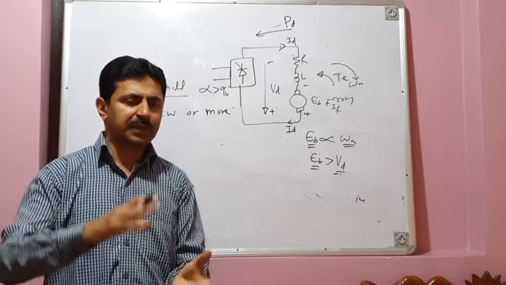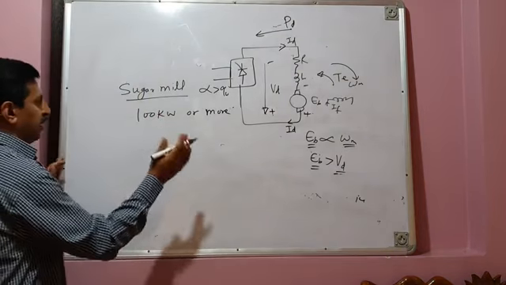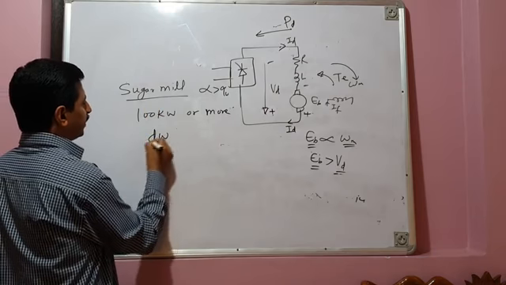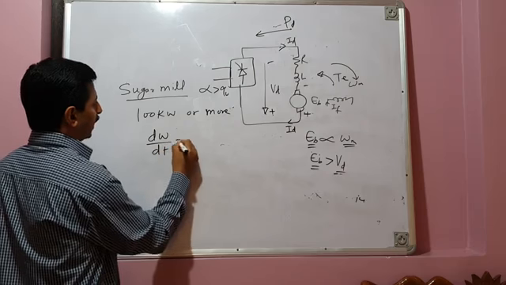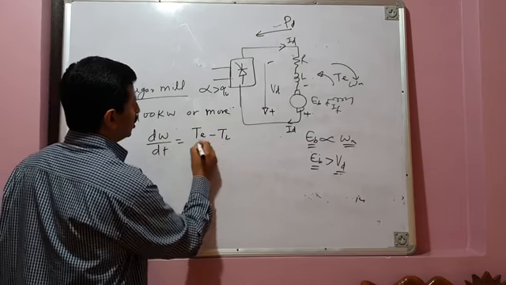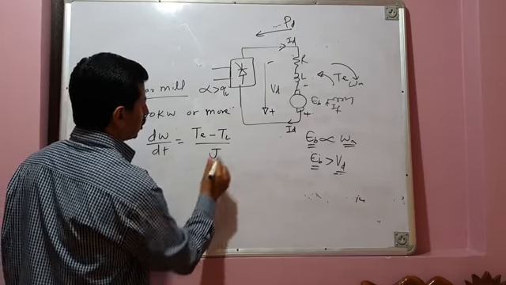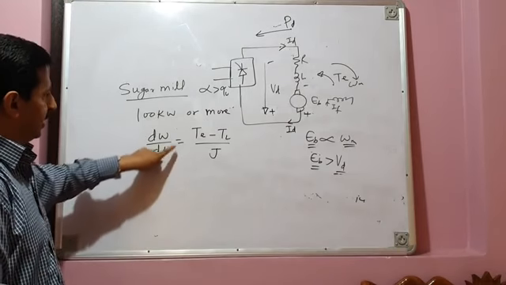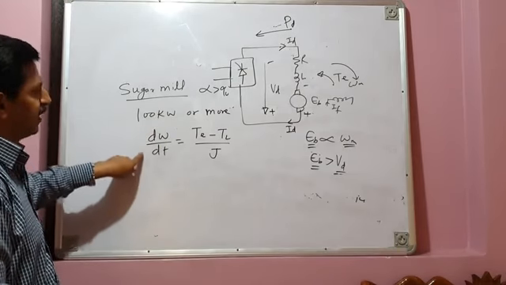High inertia load means the inertia constant is very, very large. So the acceleration d omega by dt, if you remember, is given by electromagnetic torque minus load torque, divided by J. I hope you have been taught this in your electrical machines course. This shows the acceleration of the machine.